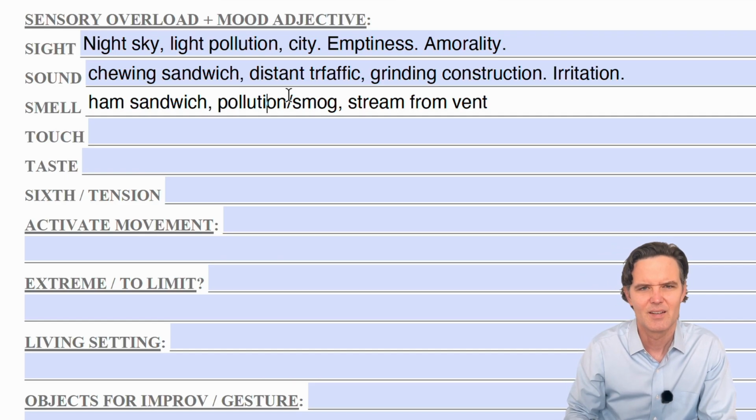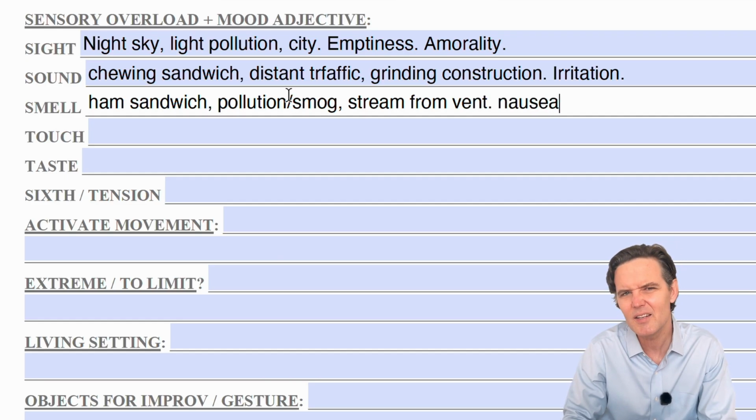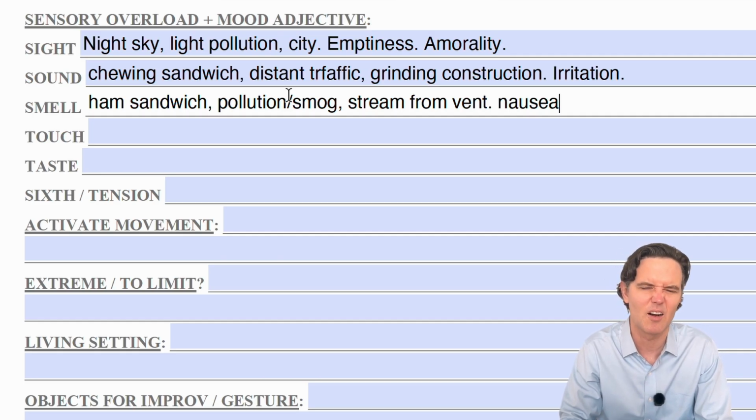With smell, I think there's a sense of nausea from this. Like the ham sandwich combined with the smog, and also this guy hasn't eaten for days and days. That's the kind of vibe I'm getting from the smell category.